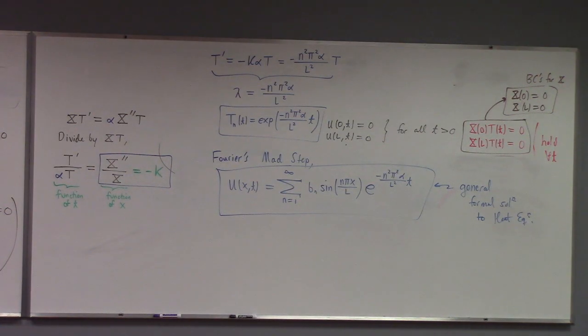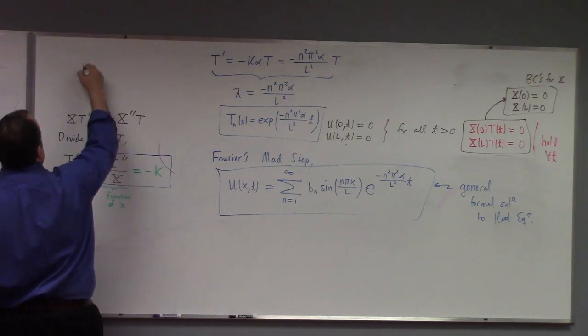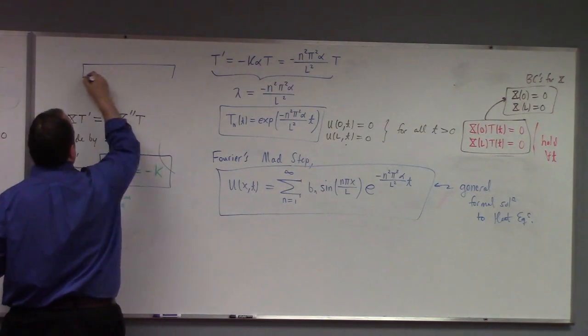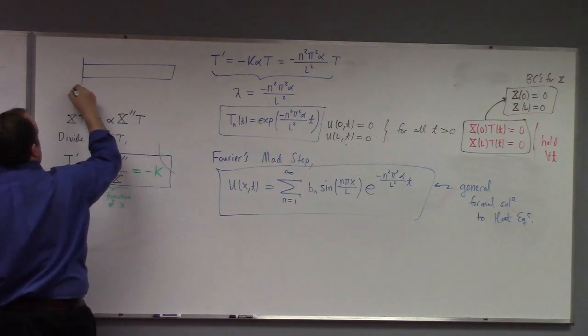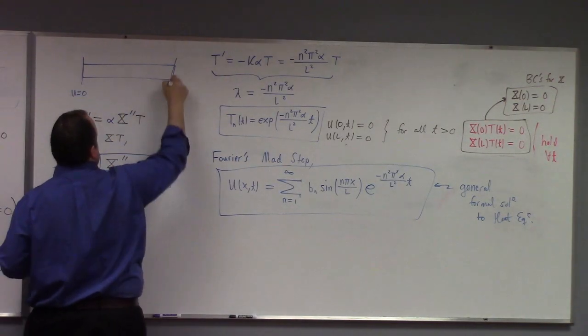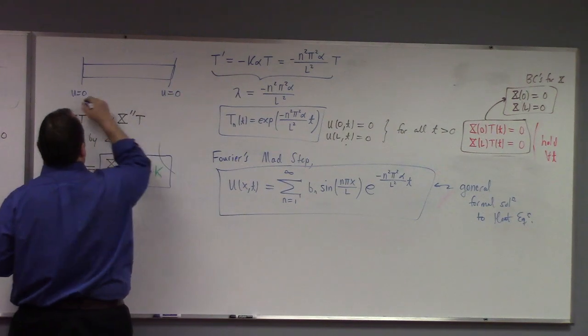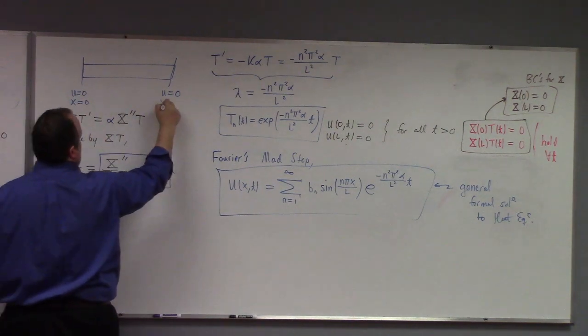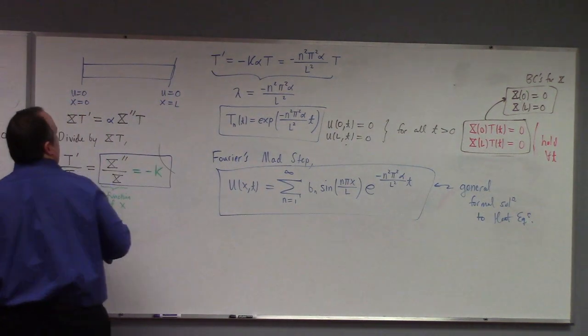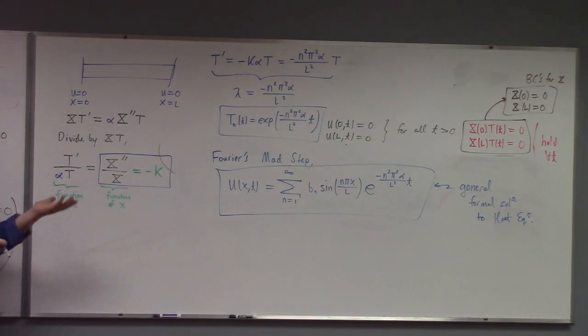Now let's think about this logically. I've told you you're looking at this like a rod, and the temperature is 0 here, and the temperature is 0 over here. But if you want to tell the story of what the temperature is on this metal rod for positive time, what do you need to know as a starting point?